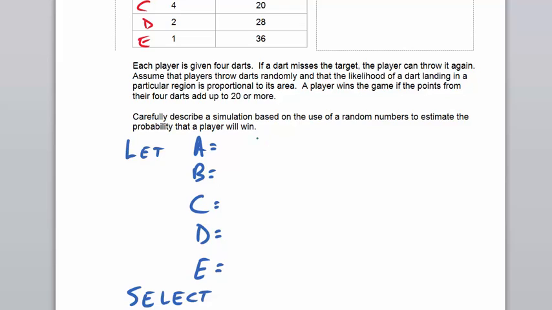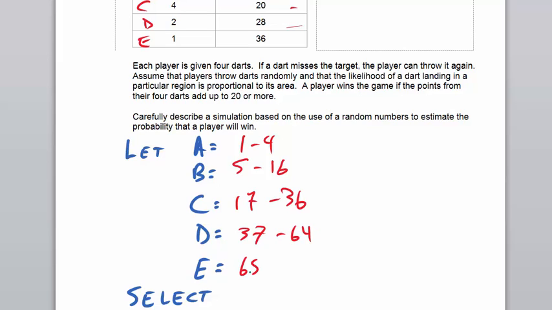A was 4% of the area, so if I pick a number 1 through 4, that'll be region A. If I pick a number 5 through 16, that'll be region B. Starting with 17 and adding on 20 more brings me up to 36 for C. D, starting at 37, adding on another 28, so that's 64. And E will start at 65, add on 36, so that's 65 to 100.